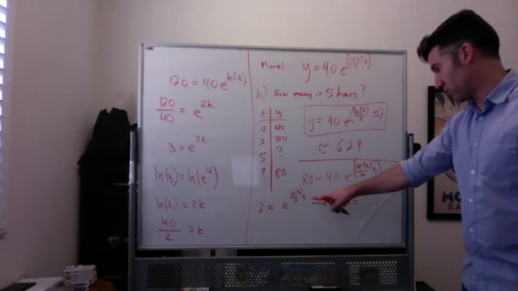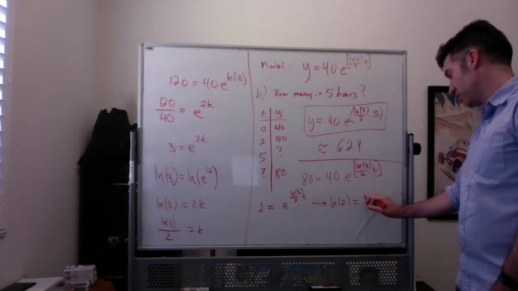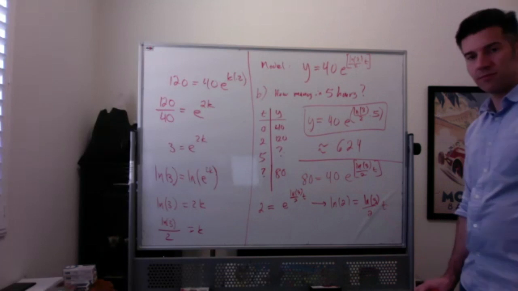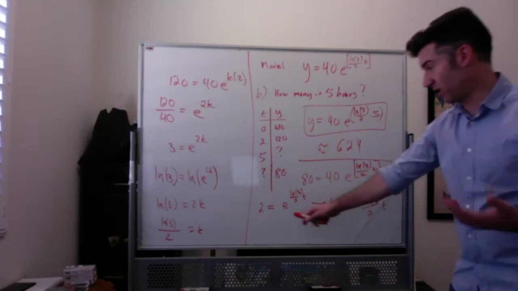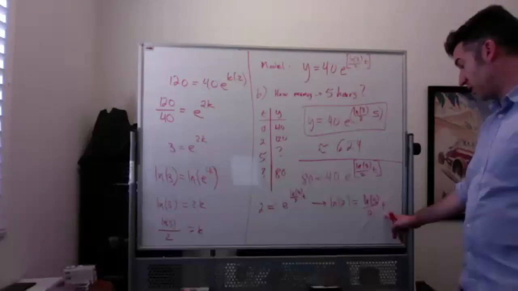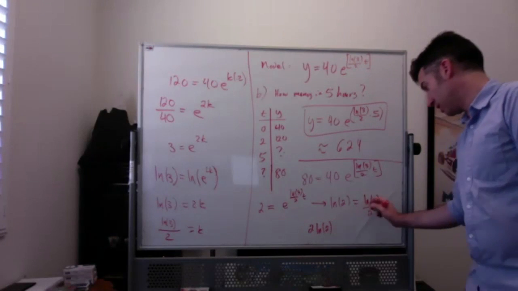Here, the natural log of e to the natural log of 3 over 2 times t is just the natural log of 3 over 2 times t. The natural log of e to a thing is just the thing. Then we solve for t by multiplying both sides by 2 and dividing both sides by the natural log of 3.